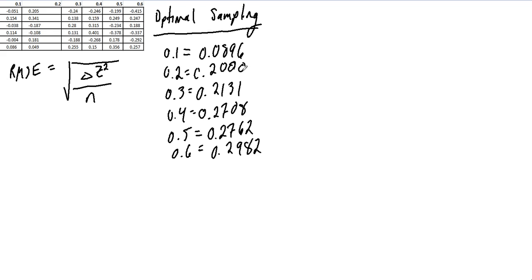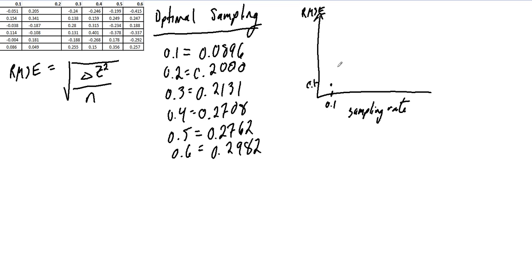So now that I have my average RMSE for each of these sampling rates of my data, I can plot it. I'm going to put it on a little graph. Along here is my RMSE value, and along the bottom is my sampling rate. At my first one, it's 0.1, and my RMSE value is about 0.09, so it's just below 0.1.